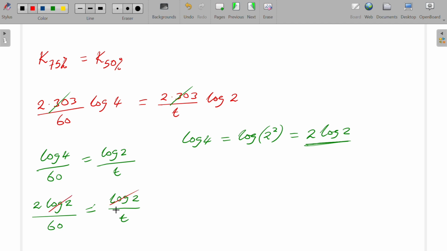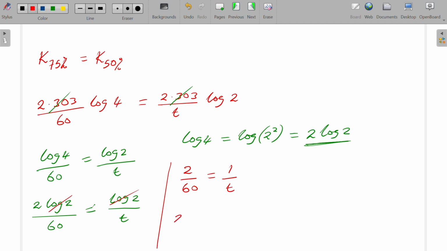We have log 2 here and we have log 2 there. So those will cancel. On the left-hand side, we'll have 2 divided by 60, and this will be equal to 1 divided by t, since when log 2 goes there, it goes once and leaves a 1.